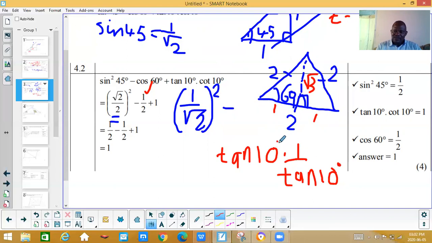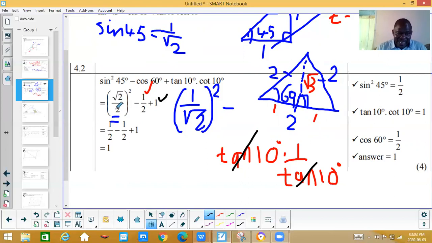Cotangent is 1 over tan, so it is 1 over tan 10 degrees. So you can now divide tan 10 into tan 10, which gives 1. That is where we are getting this 1, because it is tan 10 degrees times 1 over tan, which gives us 1.